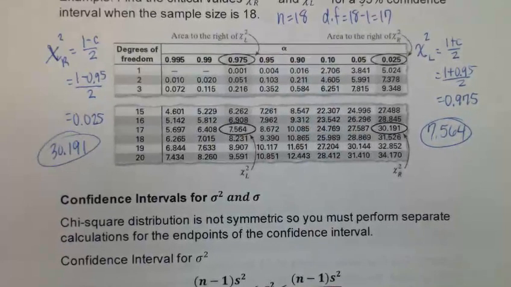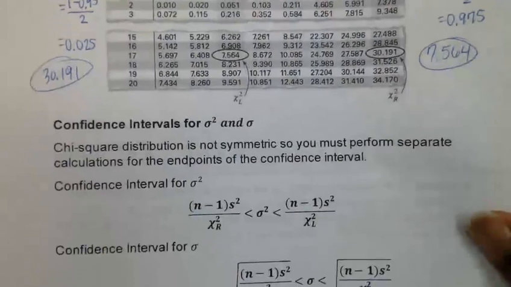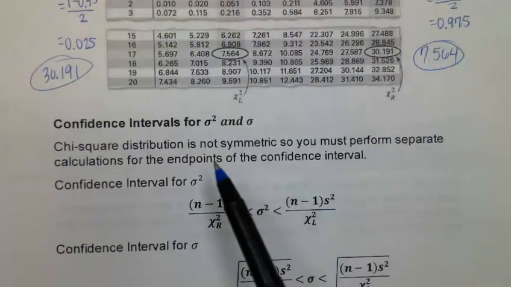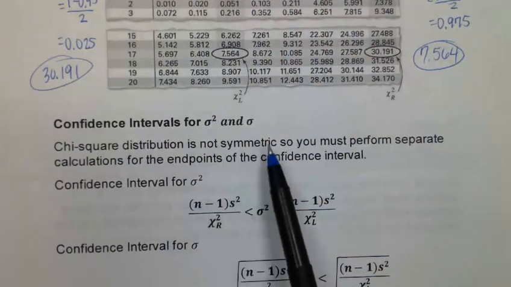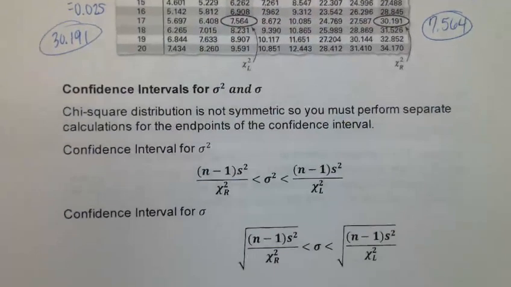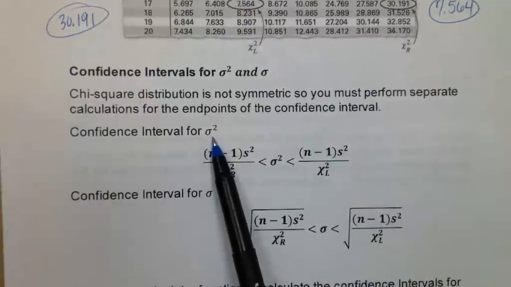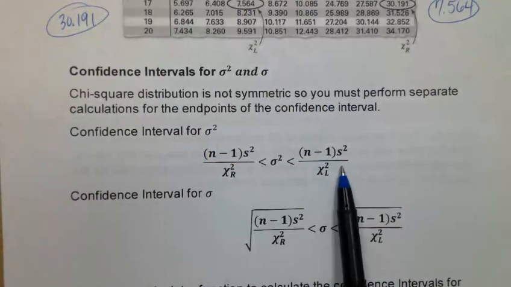Use your table like you did for the t distribution. All right, let's look at these confidence intervals. Again, we know that the chi-square distribution is not symmetric, so we must perform separate calculations. We can't do the plus or minus thing. To find a confidence interval for population variance, this is our formula.